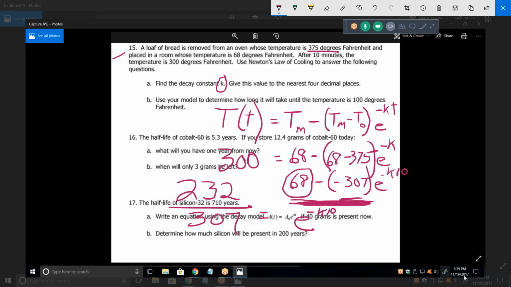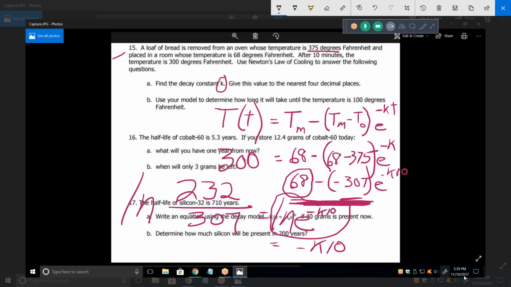And now what's my next step? Don't you take the natural log of both sides? And what's the right side become? That just becomes negative k times 10.